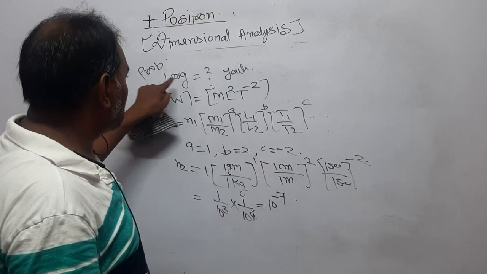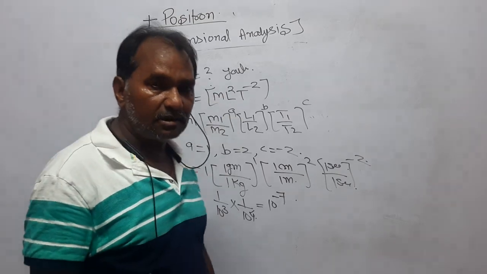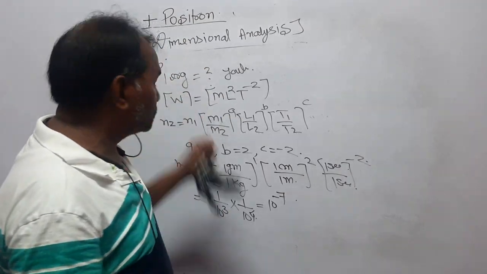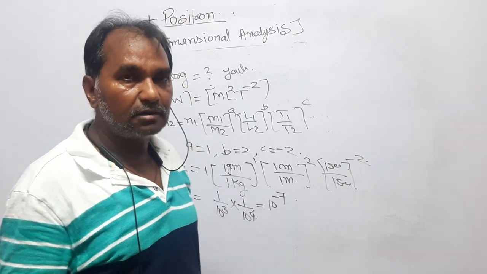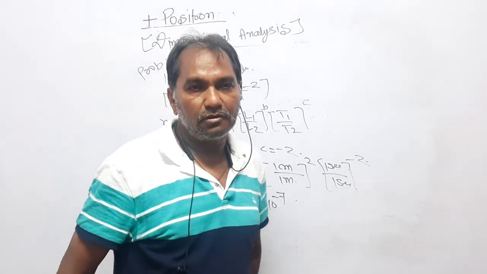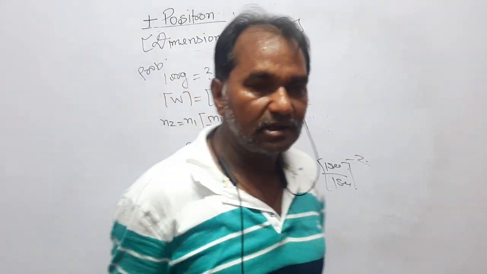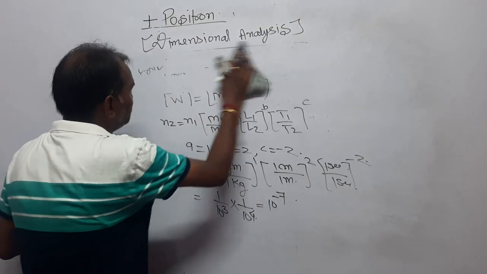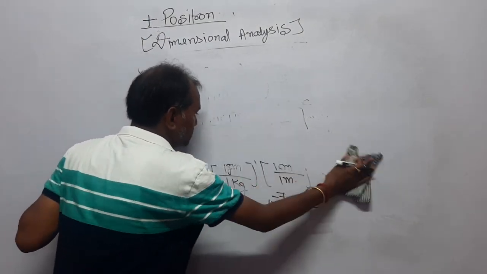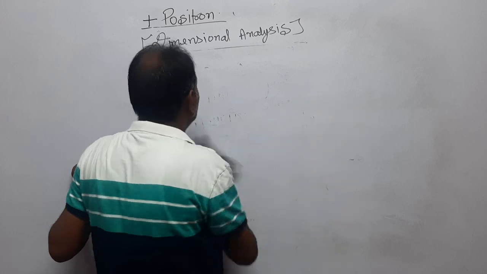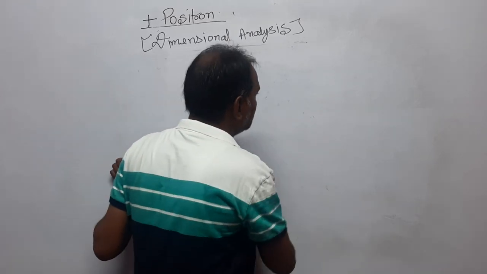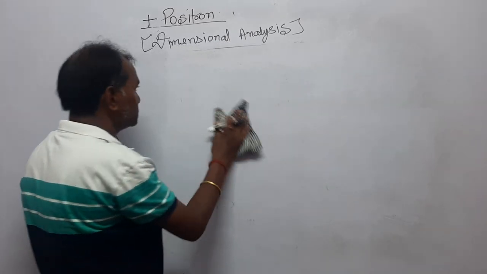It means 1 erg is equal to 10 to power minus 7 joule, or 1 joule is equal to 10 to power 7 erg. As in the previous question you found that 1 Newton works out to be 10 to power 5 dyne. Now this was the first use of dimensional analysis, that is to convert a physical quantity from one system of unit to another system of unit.